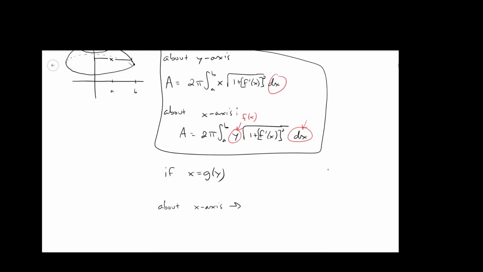If x equals g of y, then the area is going to be 2 pi. Again, about the x-axis just means that you're going to have a y there, because the distance that you need to get from the x-axis up to whatever the function is, that distance is a y distance. So you're still going to have a y here. And then notice this is now going to be f prime of y, or dx dy squared. And then you're going to have a dy on the end here. And now notice here, if the letters are matching, that just means this just stays as a y. You don't have to put anything else there except just a y.